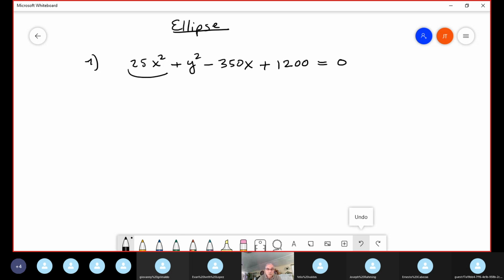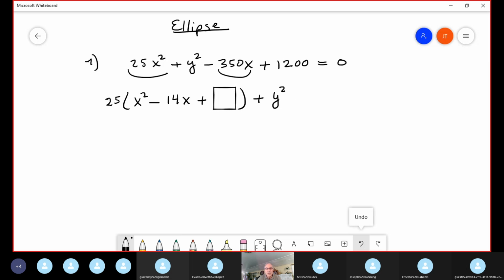Grouping the x, I can see that 25 is a common factor. 25 times x squared minus 350 divided by 25, which is 14, x, plus a box that contains the magic number that completes the square. Plus, the y part, you have only y squared.